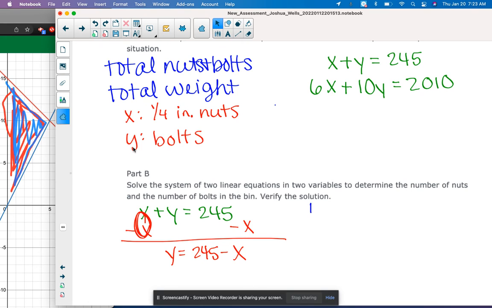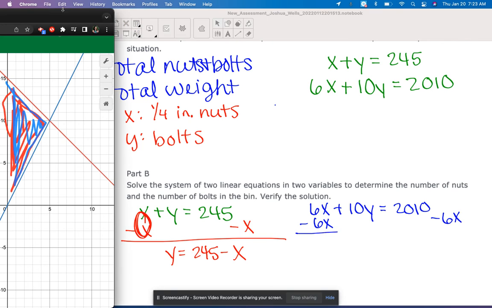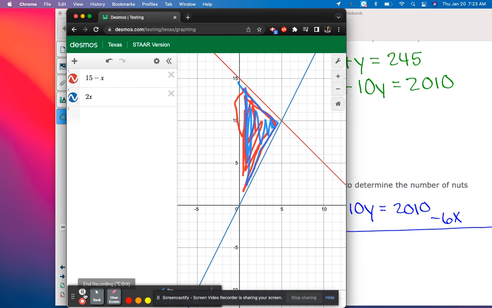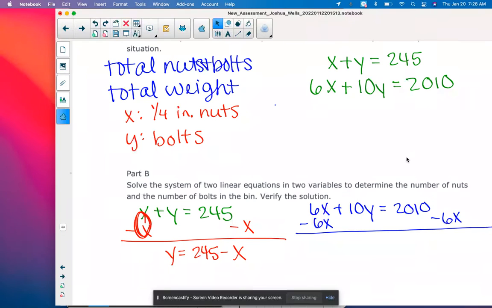The second equation, 6x plus 10y equals 2010. We're going to subtract 6x from both sides. So when we subtract 6x from both sides, we're left with 10y equals 2010 minus 6x.